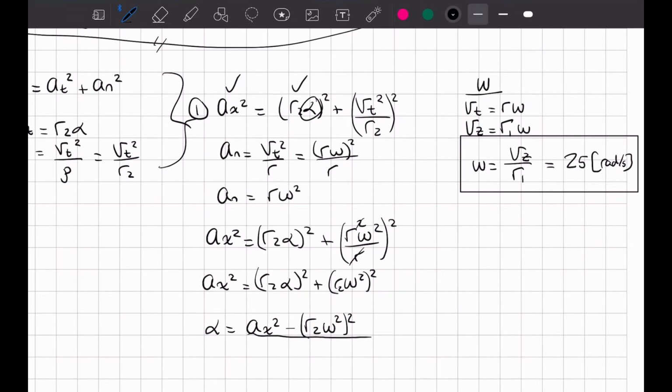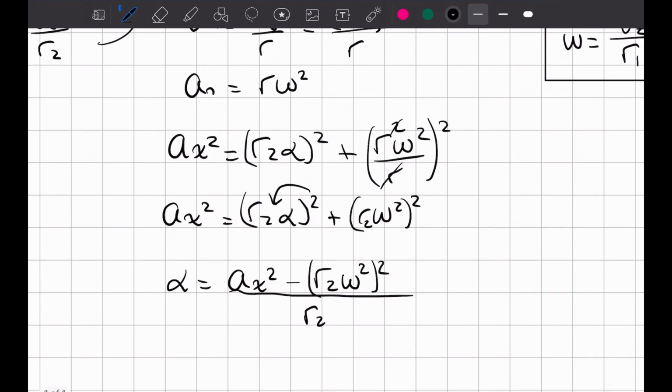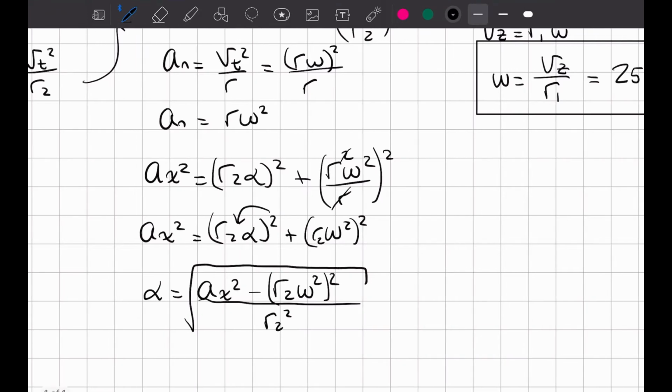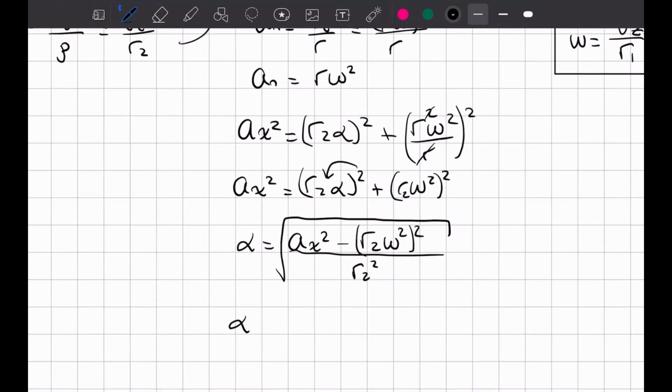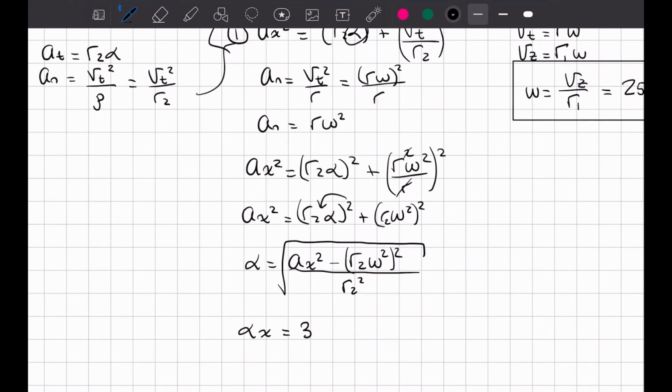We're going to be dividing by R2 squared, so everyone sees where I'm getting that from. We're just distributing the square. And then the big square root. And if you solve for that, we will get the angular acceleration. Recall that we're solving for point x. It's just going to be equal to approximately 345.8 radians per second squared.